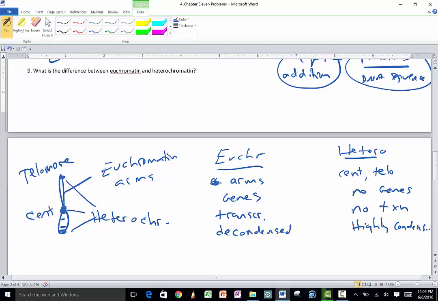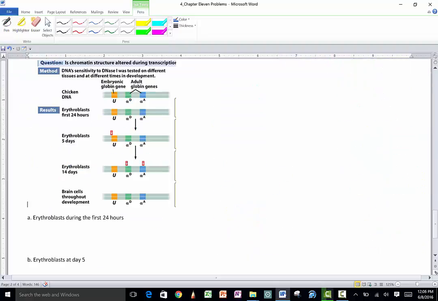And they'll have different modifications. So maybe this is acetylated, and this is deacetylated. So that's the basic idea of the difference between these two things. There might be some other things. You can go back and look at your little table. Those are the main things.